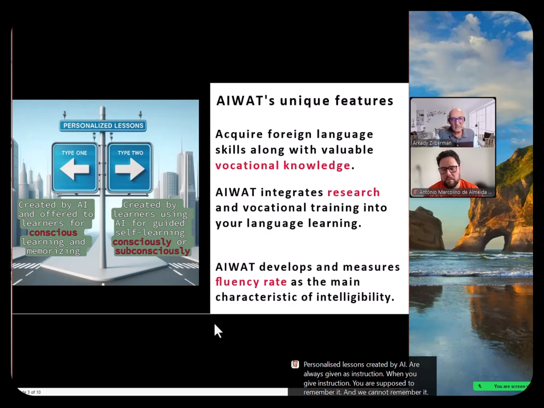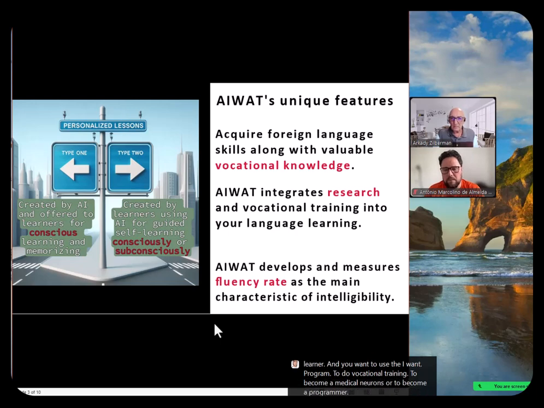I will show you an example of personalized lessons which I have created for this demonstration. And there are an unlimited number of such lessons which you can create. More than that, you can use it even if you are not a beginner but an intermediate learner, and you want to use the AIWAT program to do vocational training, to become a medical nurse or a programmer.